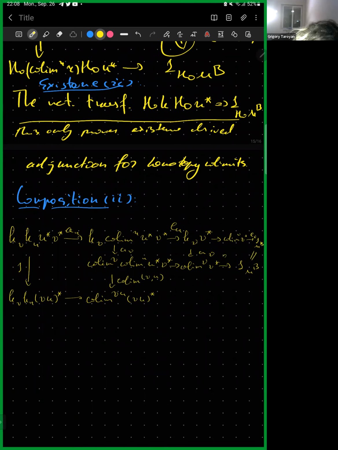Okay, so maybe it's not quite comprehensive, but the idea is that we repeatedly use the natural transformations, which are counits of the colimit induced diagram adjunction, and we obtain the diagram like this.